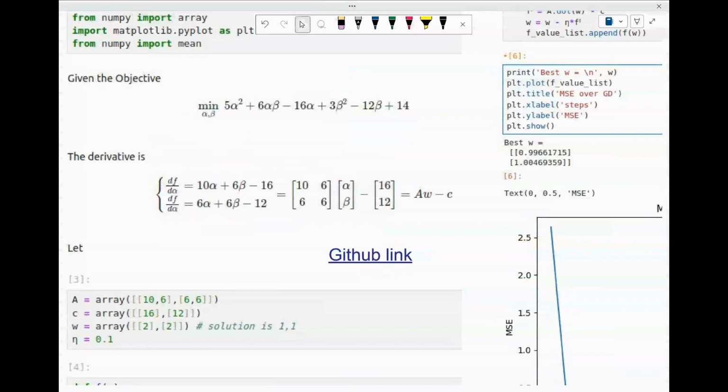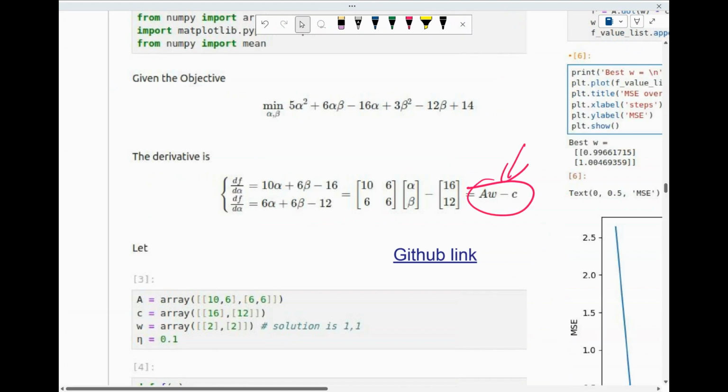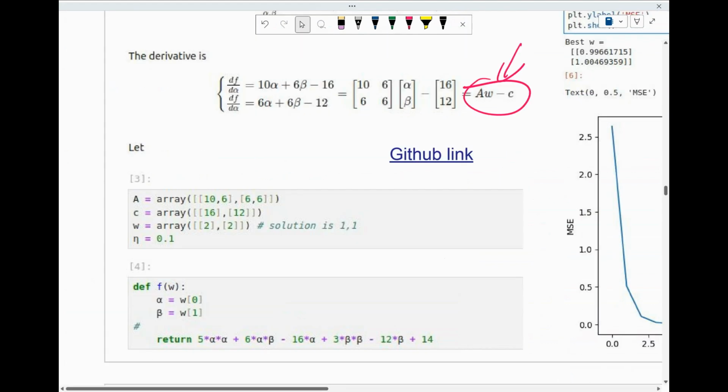And then you can subtract away the constants here. So I'm going to call this A times W minus C. Okay, so this is just matrix A, vector W, and C. C for constant. So this is just constant value. Therefore, we can calculate the derivative simply by performing a matrix vector multiplication.